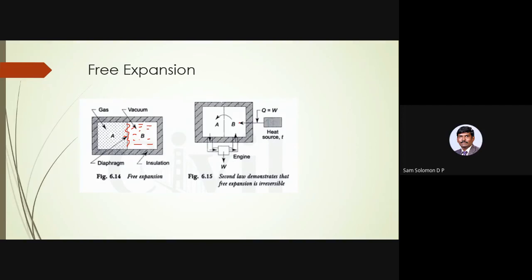So theoretically speaking, if I have to bring it back to A, I have to supply some molecular internal energy to B and raise its molecular internal energy so that it goes back to A. What I am saying is all theoretical. I am not talking about the reality. We are talking about a hypothetical situation.